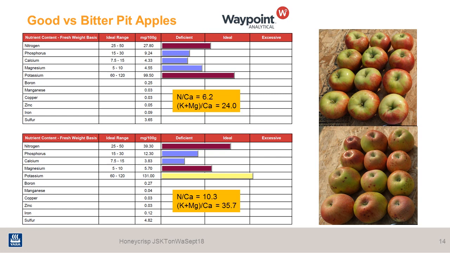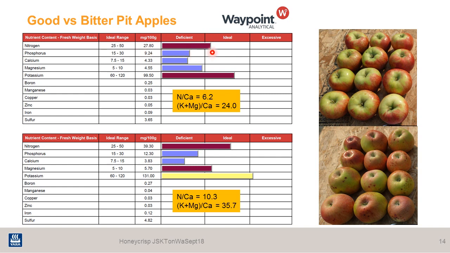When we look at the bitter pit fruit, you can see the ratios are much higher, 10.3 and 35.7. And then let's take a look at the calcium. You see that on the good fruit, you got the calcium of 4.3. And on the bitter pit fruit, you got calcium of 3.8, which is a lot lower than the good fruit. You also look at the nitrogen of the bitter pit fruit. You have the nitrogen level that's a lot higher. Remember, for the Honeycrisp apple, you want the nitrogen less than 25 milligrams per 100 grams.